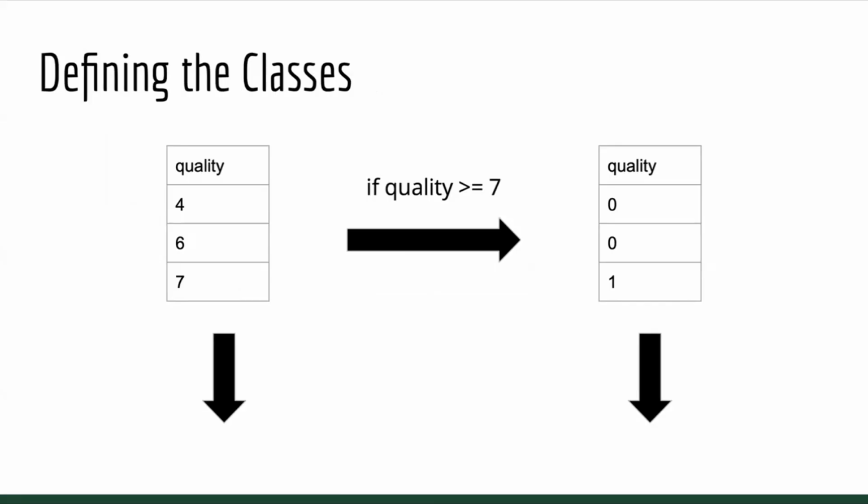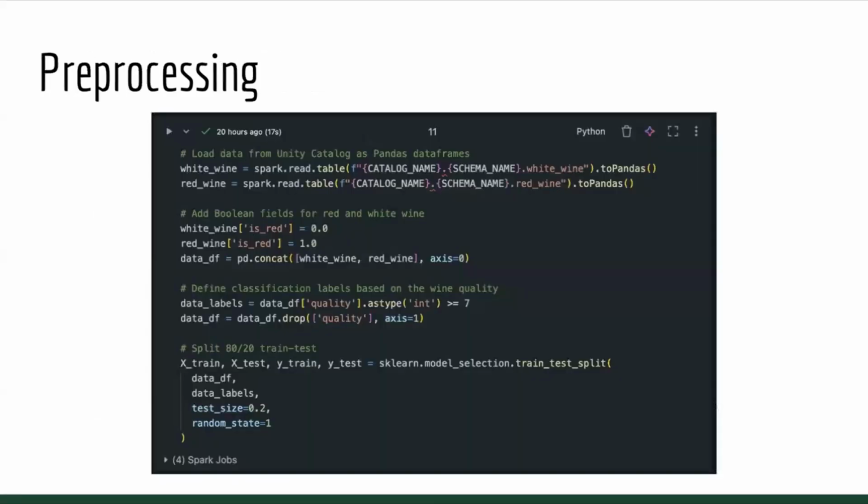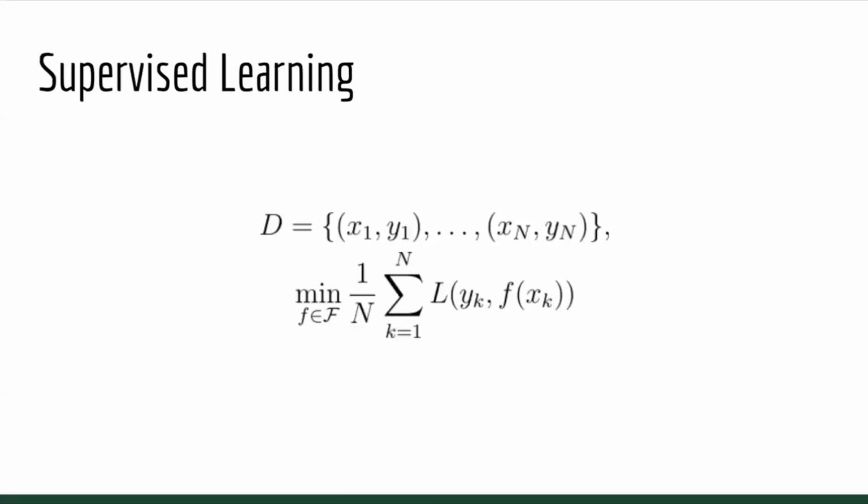So we say if the quality has been ranked 7 or higher, we consider that a quality bottle of wine. Then we split that into a set that we use to train our model, and one set that we use to validate or test our model. And this is the code that you would use to do that, loading our data with Spark, doing all of the little transformations that we mentioned, and then splitting into our train and our test.